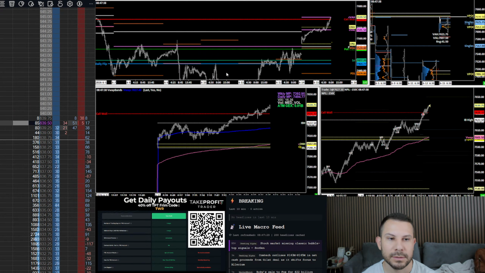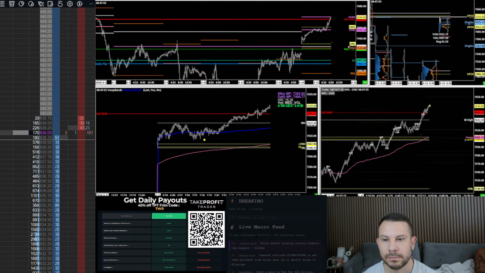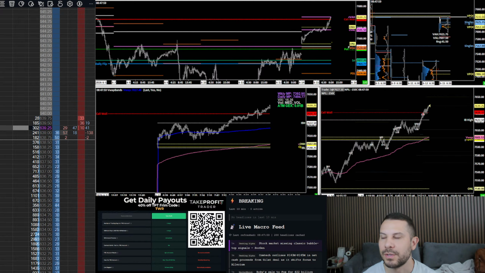There's the loss. That's it for me. I'm just going to let this thing grind out. We'll see how this value develops over the day. Or it's just a grind. I don't really like much of the structure up here unless we base overnight.